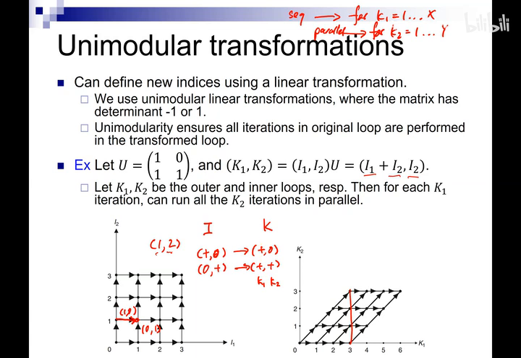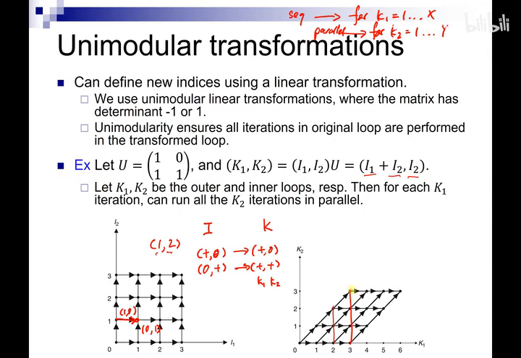In fact, they only depend on the K1 equals 2 part, but they could also depend on K1 equals 1 or whatever. As long as they're positive, they only depend on K1 values smaller than 3.